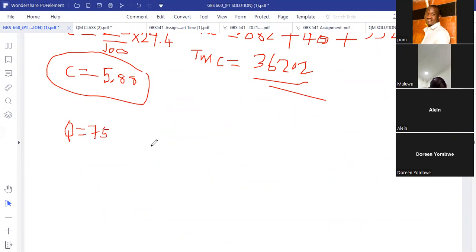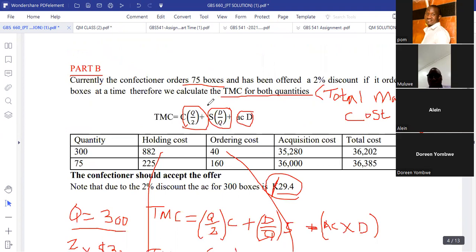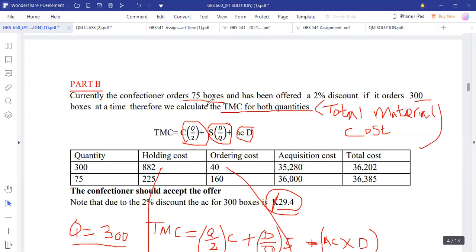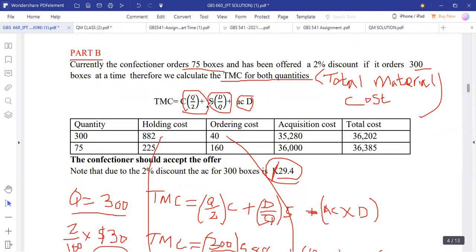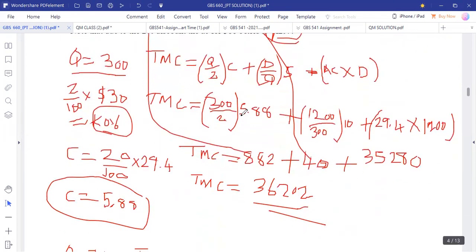Okay, so at 75, our total material cost, TMC, the formula is still there. We are going to use the same formula as we order the 75 boxes. Meaning at 75 boxes, we are simply saying there is no discount, so we are still purchasing at $30 per box.